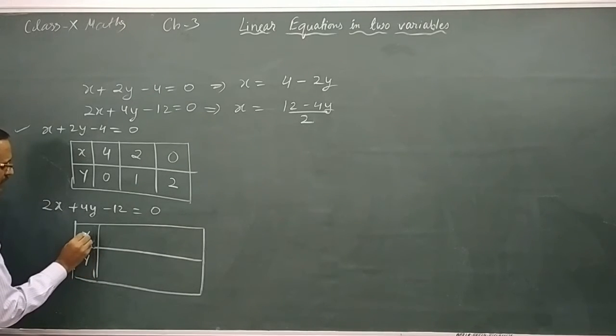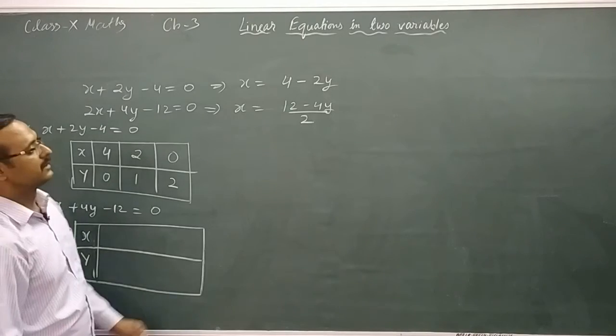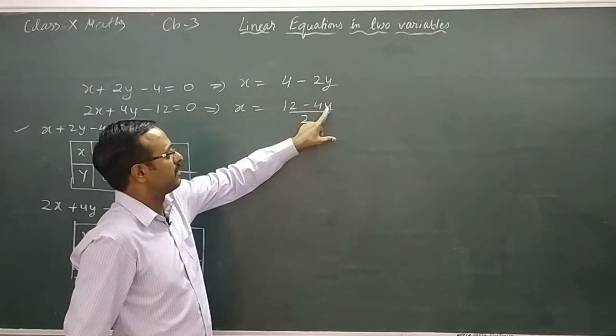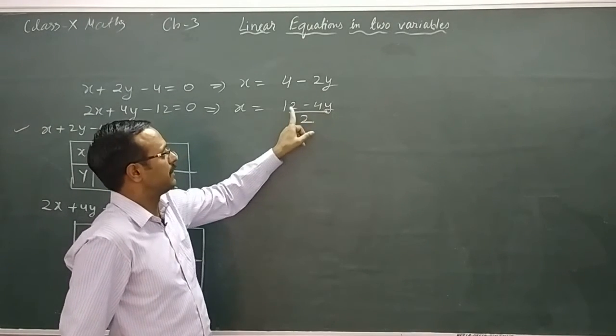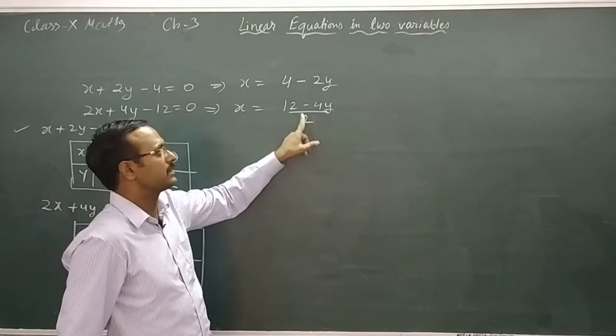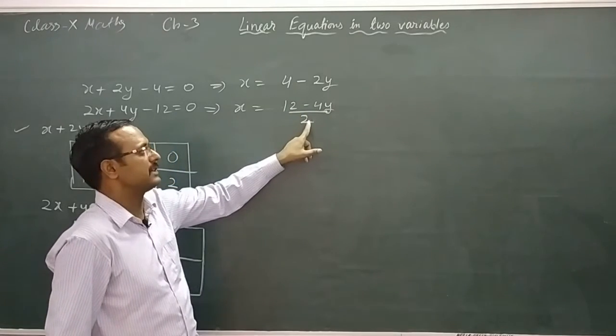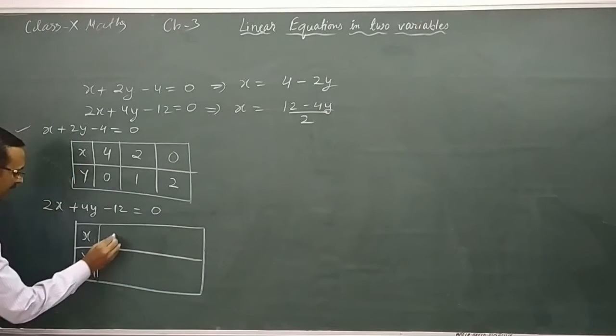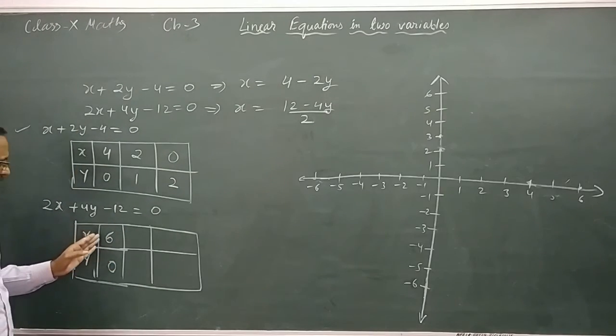Now again put some values of y and obtain the value of x. If I put y equal to 0, it will be 12 minus 0 divided by 2, that is 12 divided by 2, which is 6. So if y equal to 0, the x value will be 6. This is our first point.